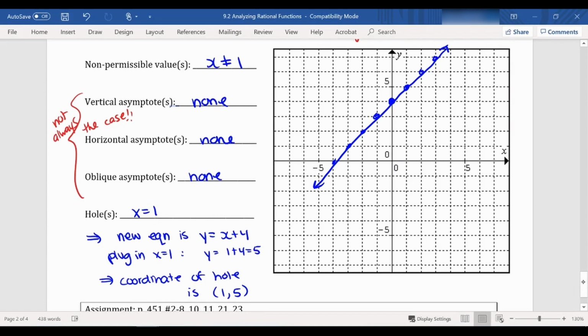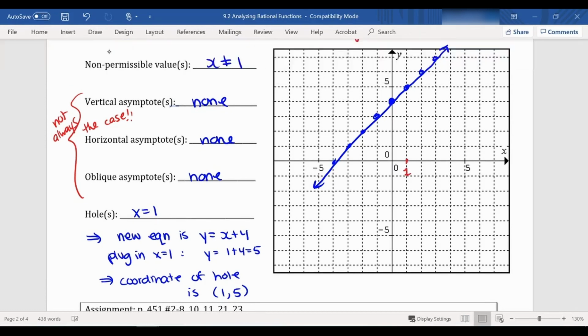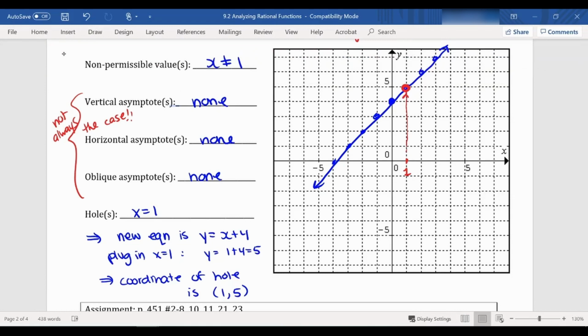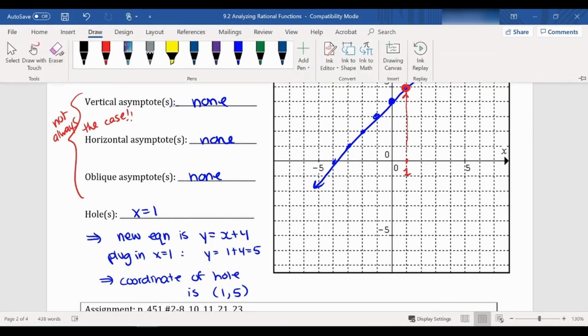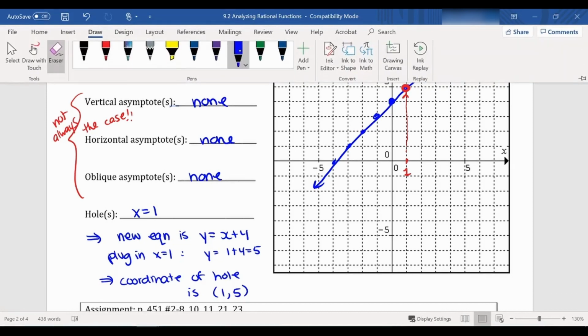So on my graph, I've got two options. I could have done all this algebraically and then put that in on my graph. But also, I already know my non-permissible value is when x is 1. So if I go up to my graph, I know my hole should be here. Okay, so I actually need to fix up the graph that I drew and put the hole there. My eraser would work, that'd be super helpful. Nope. Okay.